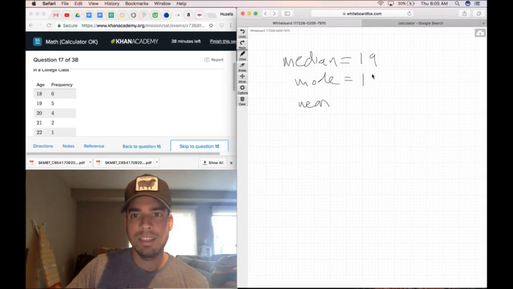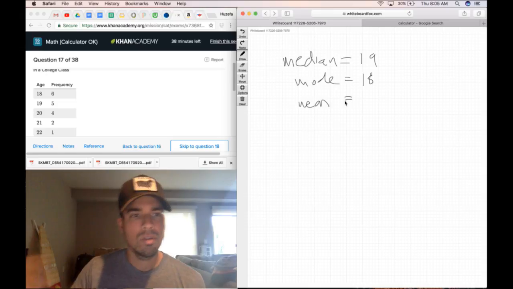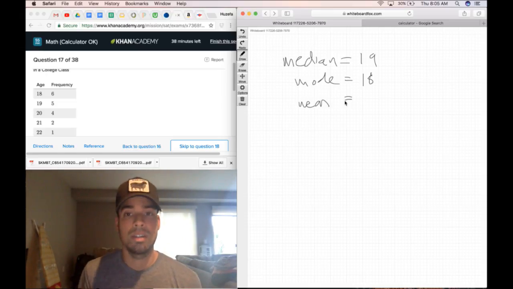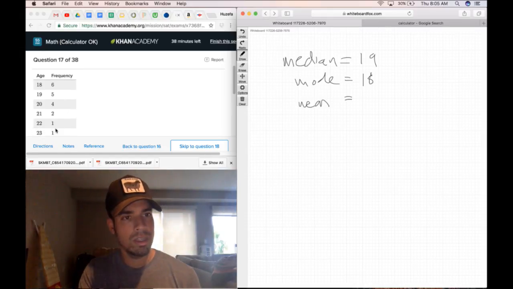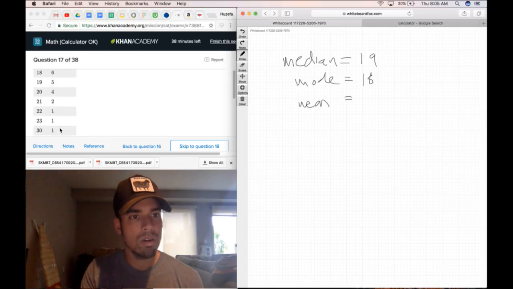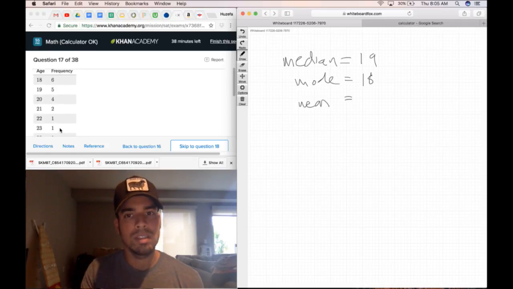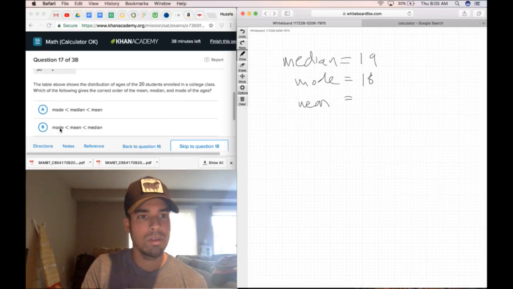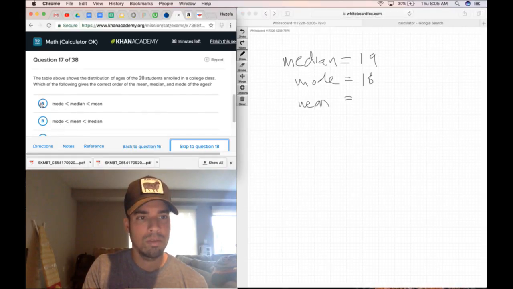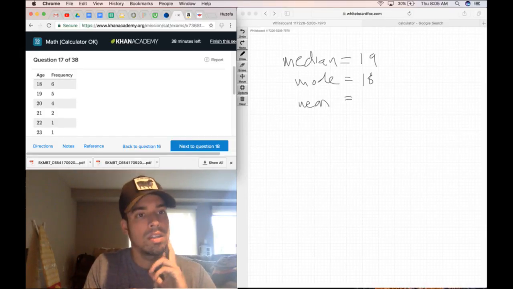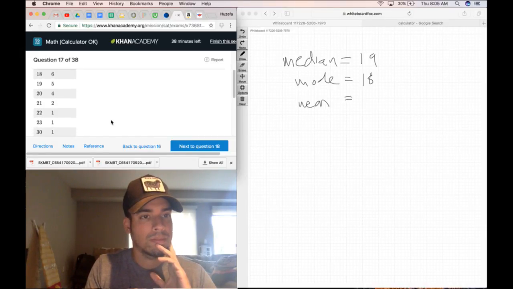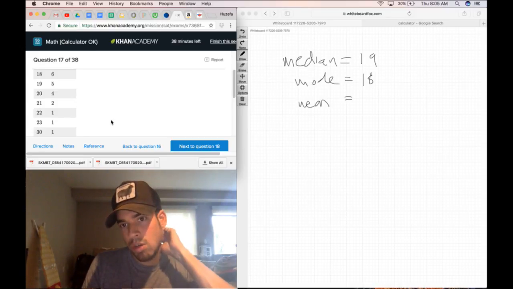The mode is going to be 18, and the mean is going to be, it's definitely going to be higher, because we've got the other values skewing it up, and we've got more things greater than 20 than less than 20 overall. So it's going to be above 19. So the mean's going to be the biggest, then median, then mode. Mean's the biggest, then median, then mode, this guy. So I don't think you actually have to calculate it, but you can if you want. You could add them all up and then divide by 20. All right, yeah. The mean's going to be over 19.